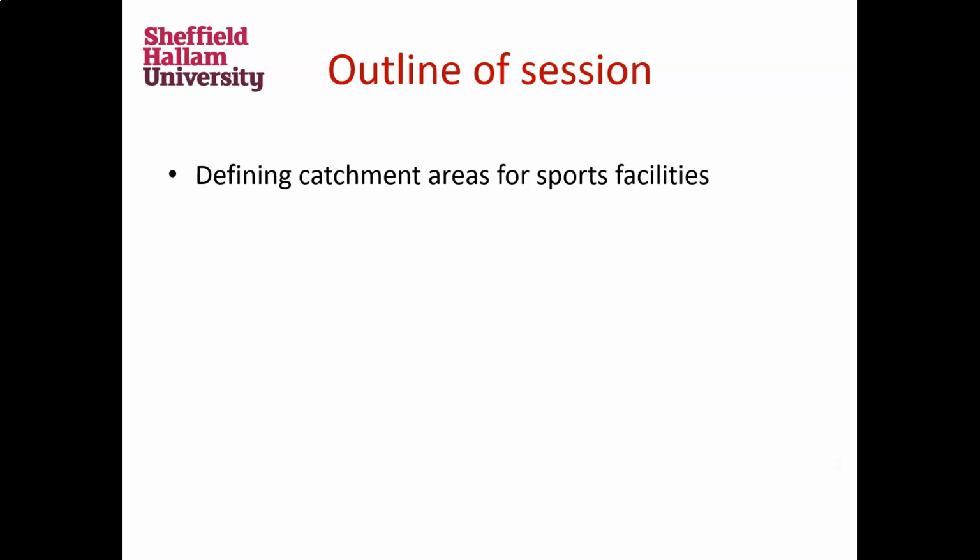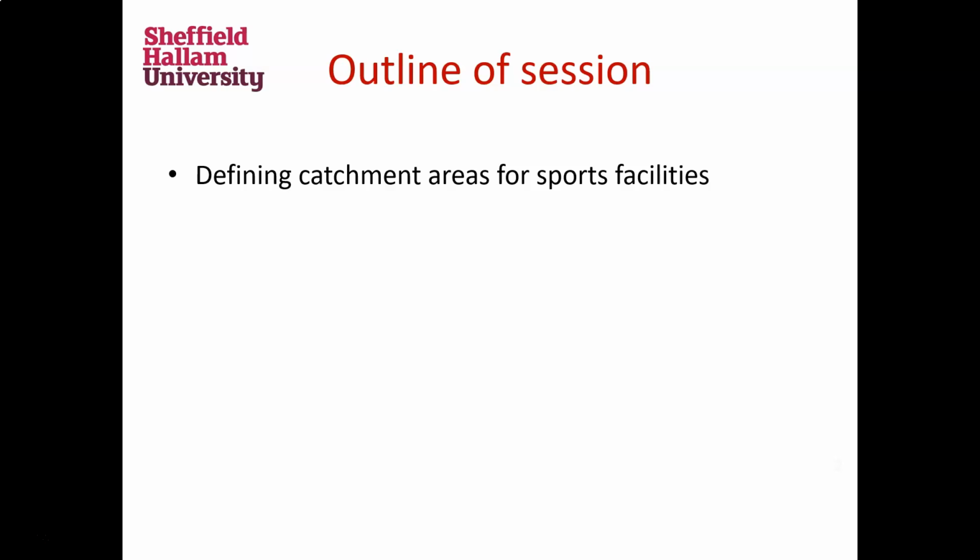And once we understand catchment areas, we can understand the communities that are being served, and communities, areas, populations, customers and users which might fall outside of catchment areas. So obviously, for strategic provision and strategic planning, we're interested in areas which are unserved and areas which are served.